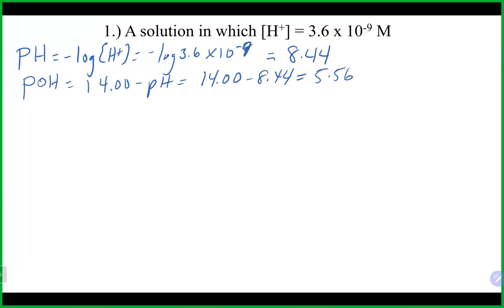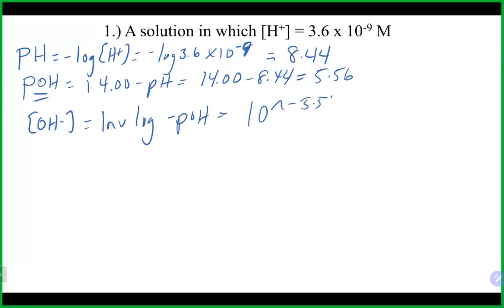Once again, for the OH minus, I could still go with KW if I wanted to. I could also, because I do have now the pOH, do the inverse log of that. And that's what I'm going to do here. I'm going to say OH minus is equal to the inverse log of the minus pOH. And that would be, on your calculator, probably something that looks similar to that. And we will punch that in there.